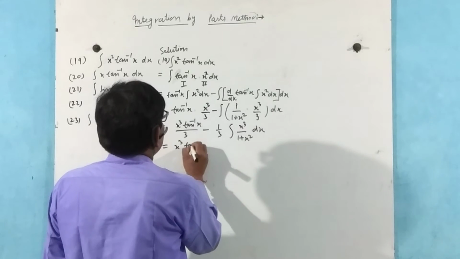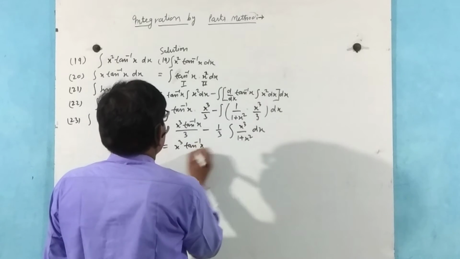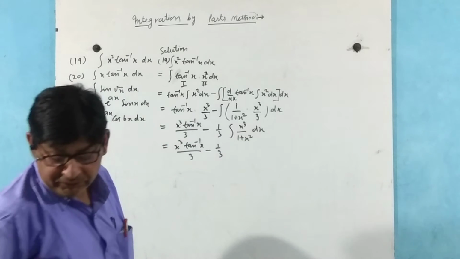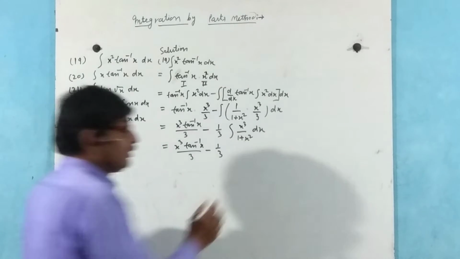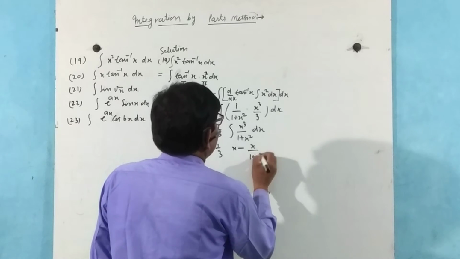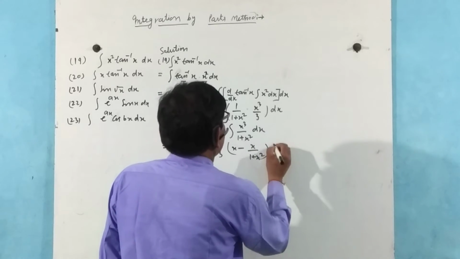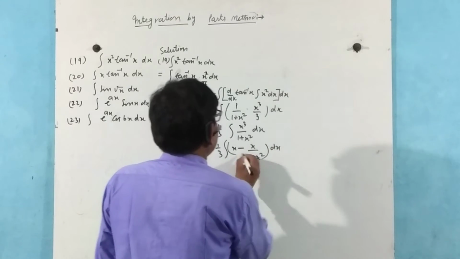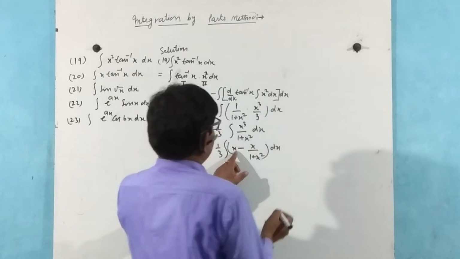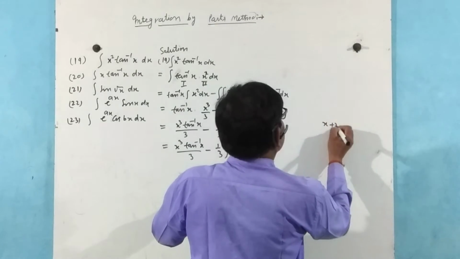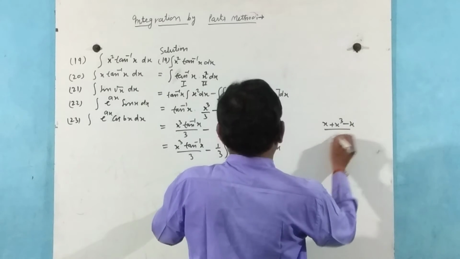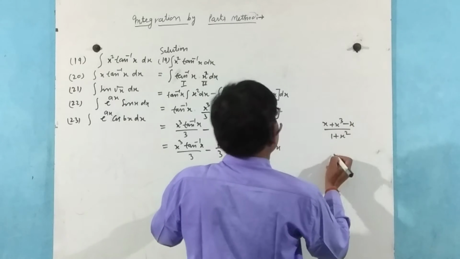x cube tan inverse x by 3 minus 1 by 3, the integration of x minus x by 1 plus x square dx. If we simplify this, we multiply: x plus x cube minus x divided by 1 plus x square.